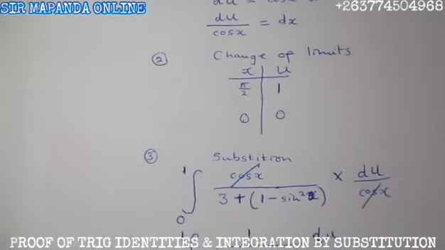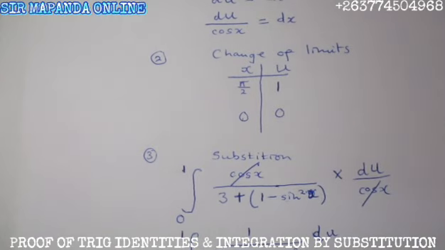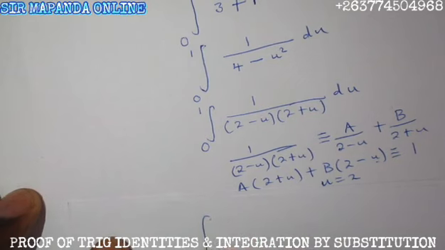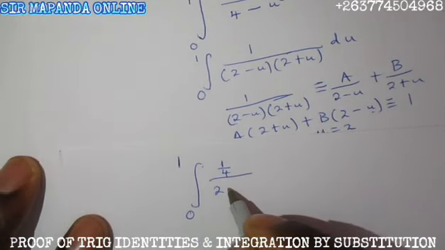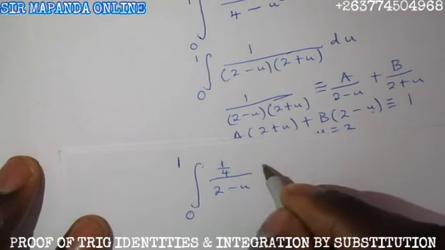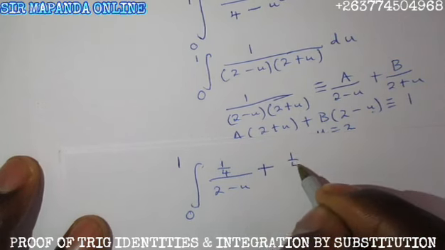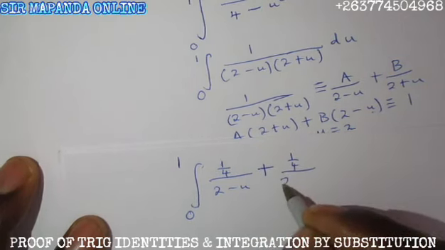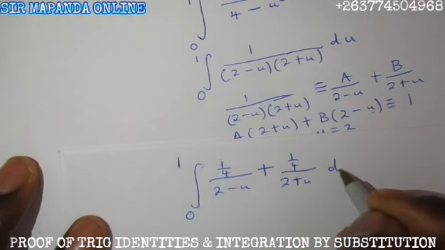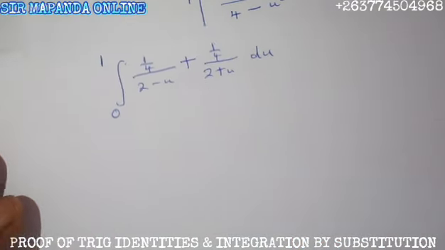Right. So substituting this in our identity, we get integral 0, 1. A is 1/4, so you write 1/4 over 2 minus u. B is also 1/4, so you write 1/4 here over 2 plus u du. Then we integrate.